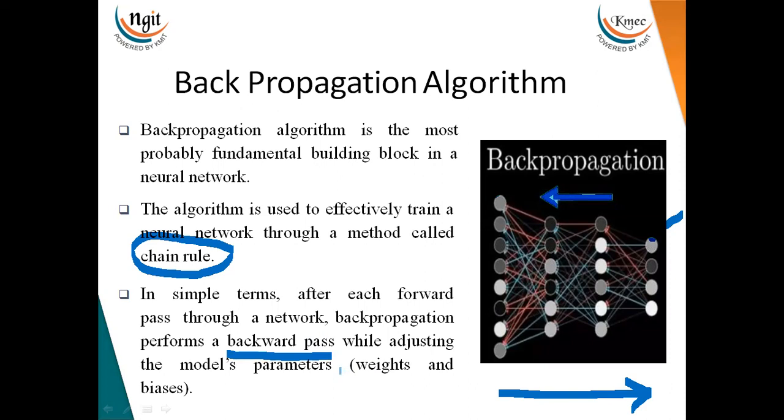Because we have arrived at a particular output using some weight and bias. The assumed weight and bias are not perfect enough to give me an output with less error. The input I cannot change, but I can change the weight and bias. So that is done in backpropagation, which means you have to adjust your weights and biases.